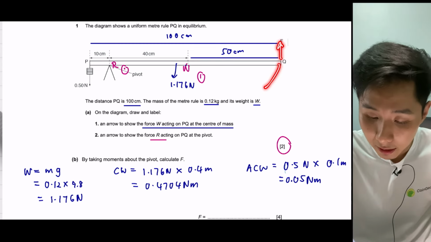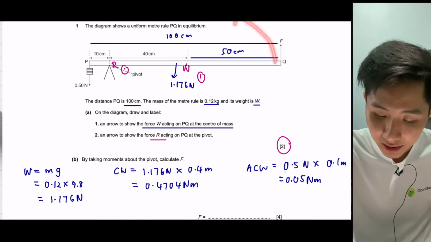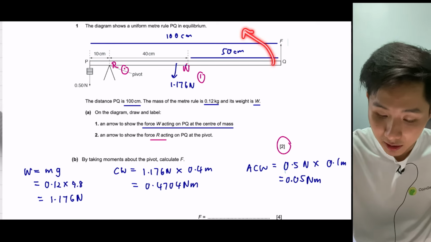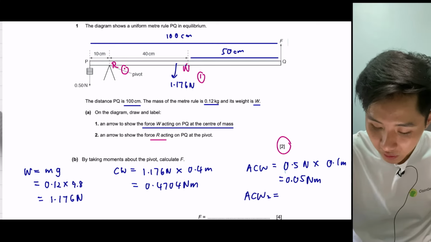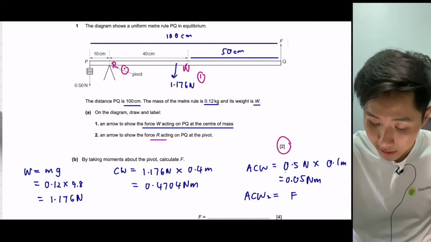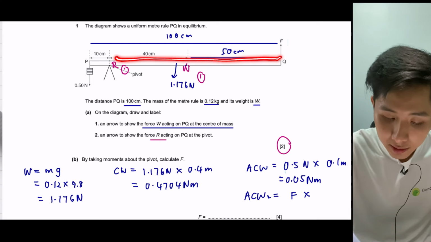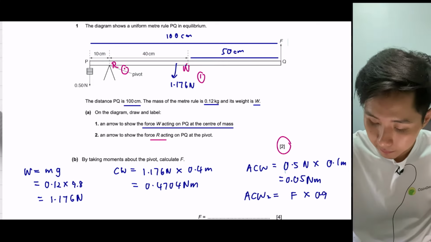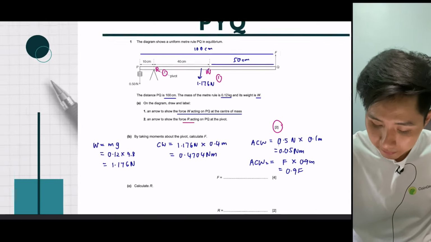But if we look at the direction of the force, it's acting from here to here, so it is actually an anti-clockwise moment. So I'm going to do ACW for the second one. We don't know what the force is, but we know the distance, which is 0.9 meter. I'm going to have 0.9 F.